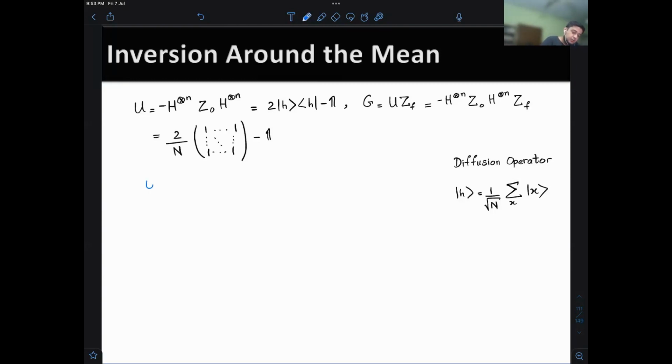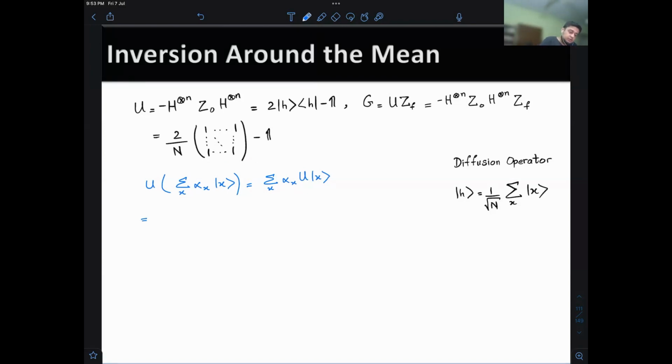I've got this U. I will apply it to an arbitrary quantum state. Well, it will be in a superposition, with some amplitudes alpha sub x ranging over the basis states x. Through linearity, you can bring in the U, and so you've got U directly applied to |x>. Now, let's plug in this definition of U in here.